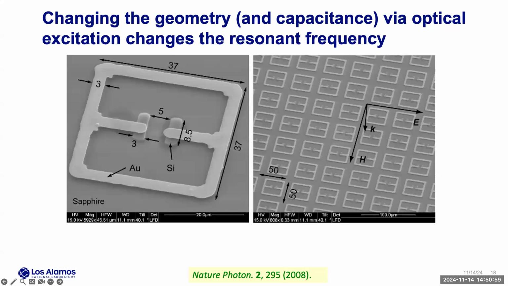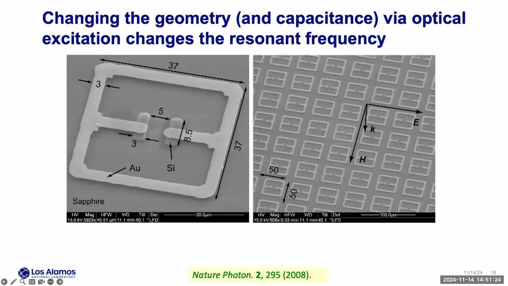The way we're doing this is we've got a set of a resonator array on sapphire with a gold structure that's permanent. And then we've got these two little silicon arms that come out. If they're not photoexcited, the geometry is like this.